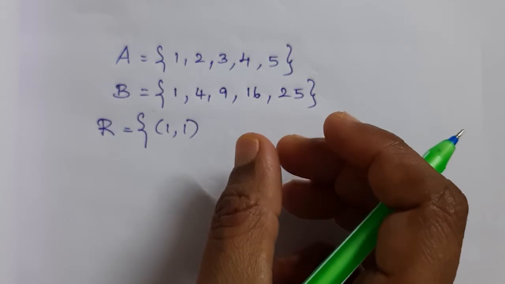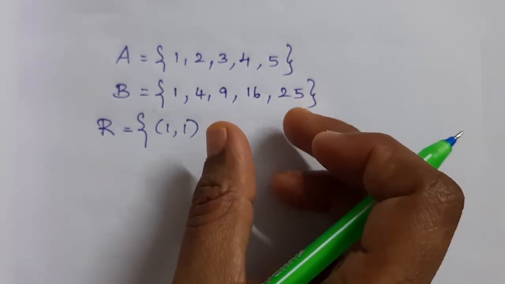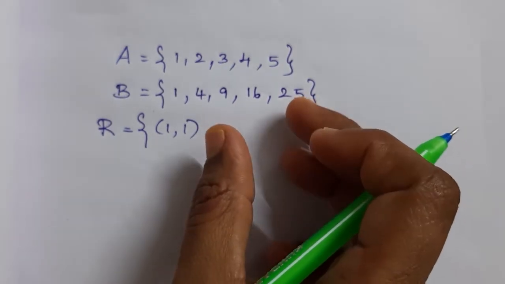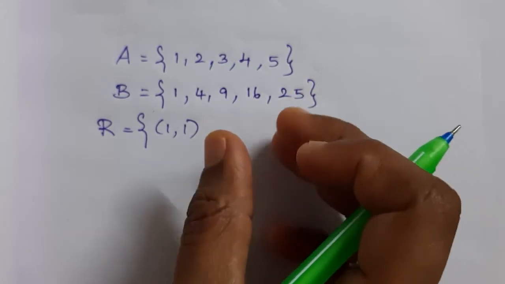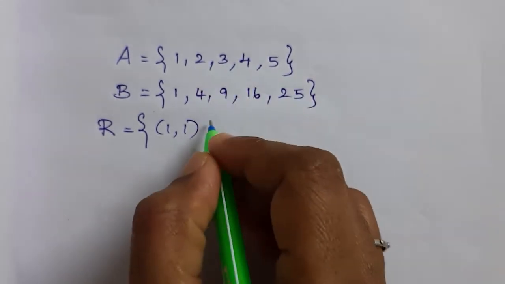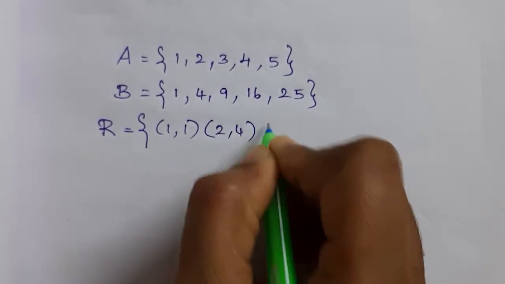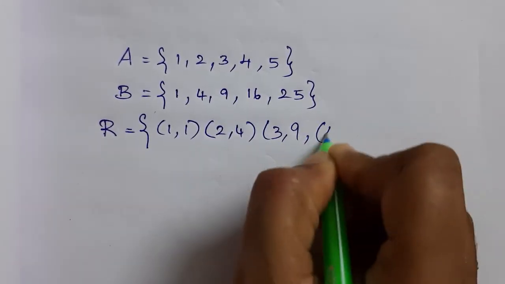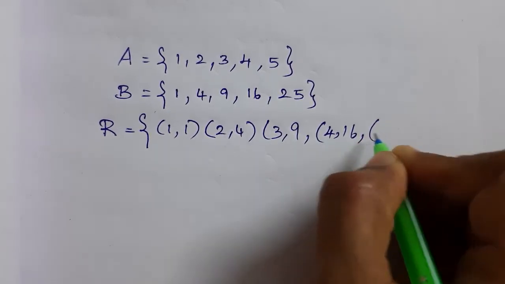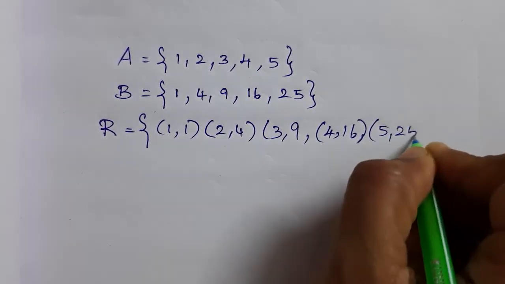They clearly say subset of A cross B, which means only a few elements will be contained. So I'm going to just list out (1, 1), (2, 4), (3, 9), (4, 16) and (5, 25).